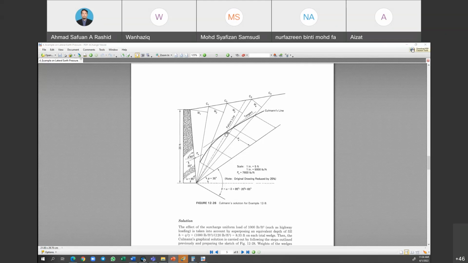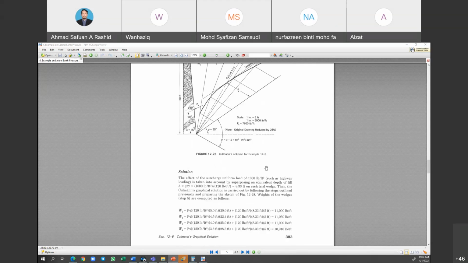By getting the tangent of the point from the curve, you draw a line which is parallel to this line. Then you can get the PA value. For our case, the point will represent the PAE.